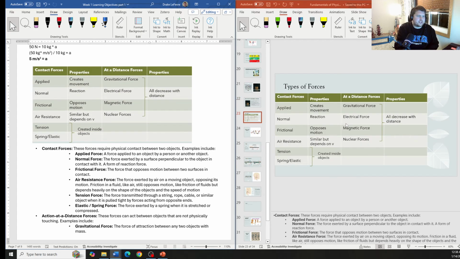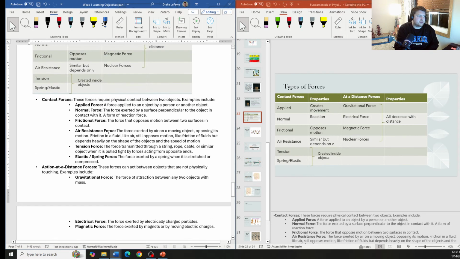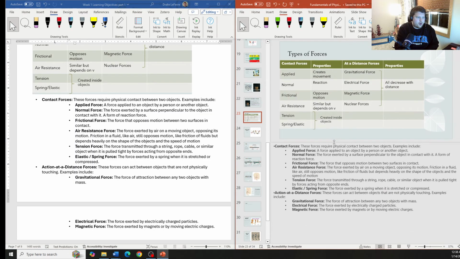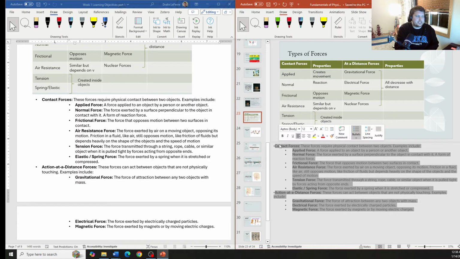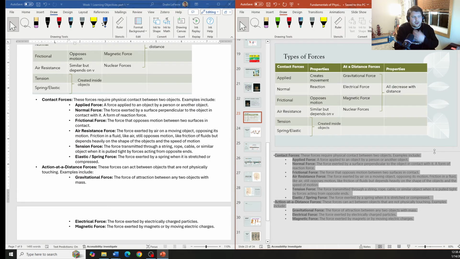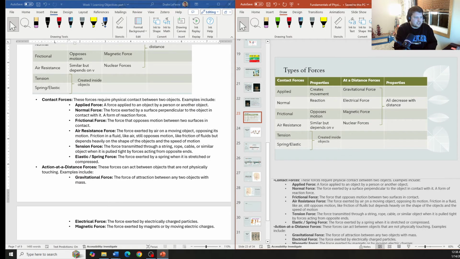There are a bunch of different types of forces. I can see several questions being pulled from this. If you're not aware, all of this stuff that's down here, I guarantee you is ChatGPT generated. 100%. I know that because I know the font.